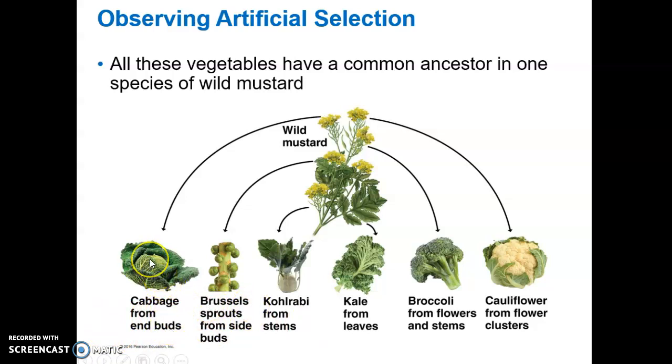From the buds, the cabbage; from the flower clusters, cauliflower and broccoli, including the stems. In other words, selective breeding to emphasize that part of the plant, or the leaves, or the stem. And again, the wild mustard, which grows on the side of roads all over the place, is the ancestral species.